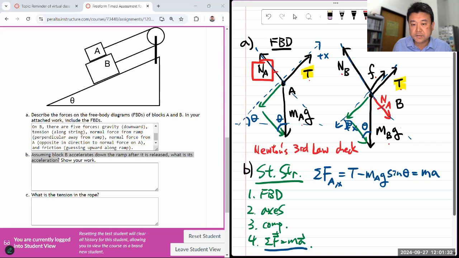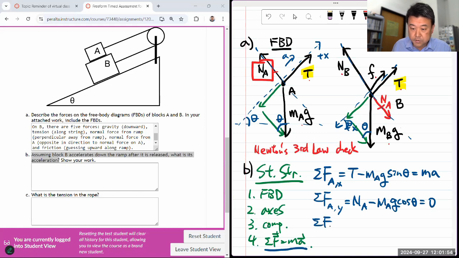Yeah, upward, that's the direction it will be accelerating. Net force on A in the y direction is normal force minus this component of gravity, which is adjacent to the angle, so m_A g cosine theta, equal to 0.